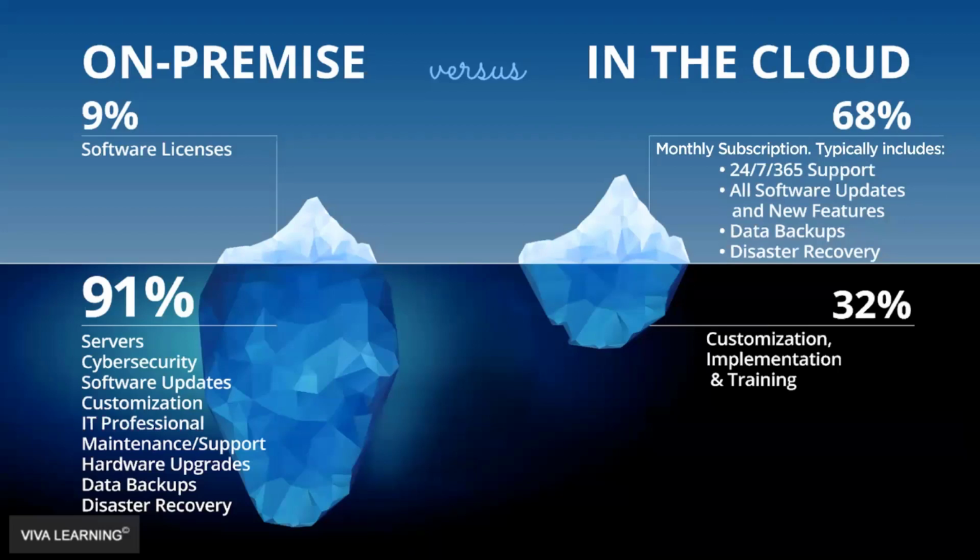But studies have shown that only about 9% of server-based costs are actually for the software. And that's the reason we did the iceberg slide here for you, because you don't see a lot of the iceberg. The majority of the iceberg is underwater, and the majority of your costs on a client server system are also things that you don't see right away.